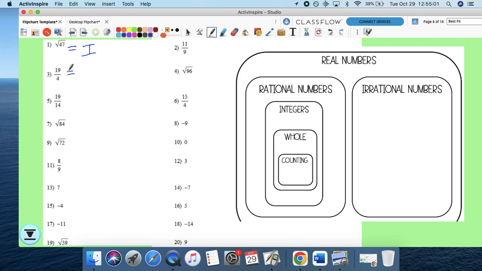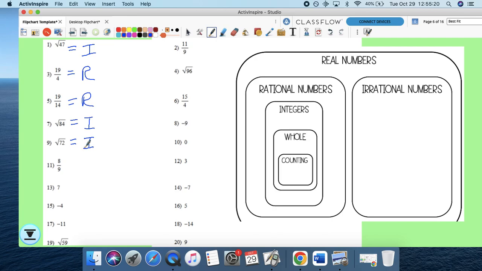19 over 4, remember we define rational numbers as any number that can be expressed as a ratio of two integers. Can it be written as a fraction? Yes. Rational. Square root of 84, not a perfect square. Irrational. Square root of 72 again, irrational.